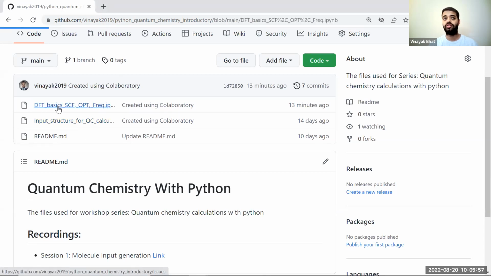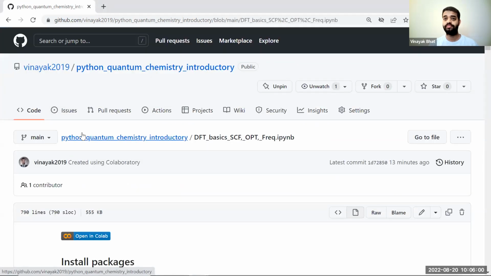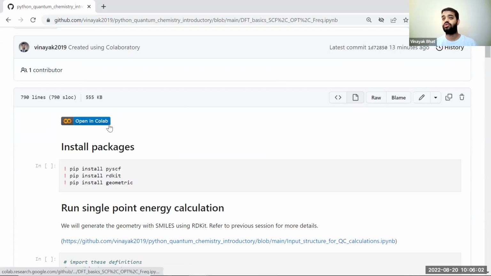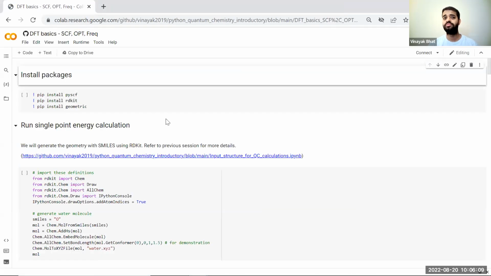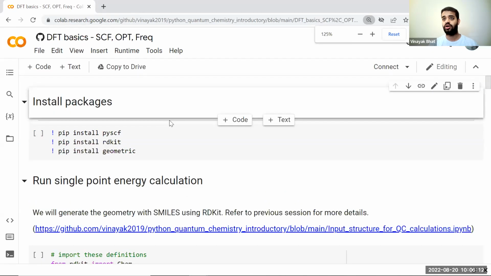You can click on DFT Basics, and it'll open up the notebook, and you can click on Open in Colab. You'll need to have a Google account. It may ask you to sign in, but if you're already signed in, you should be able to get to this page. If you can open the notebook in Colab, just let me know. You can give me a thumbs up so that we can proceed.